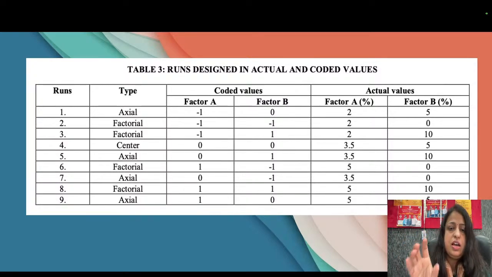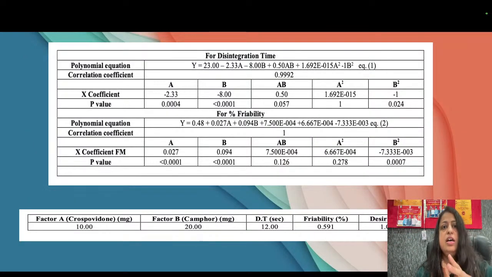Now the next work was done. This is an example of mouth dissolving tablets. So these tablets were formulated and then checked for the responses. Two types of responses were taken in this study. One is disintegration time and the second is percent friability.